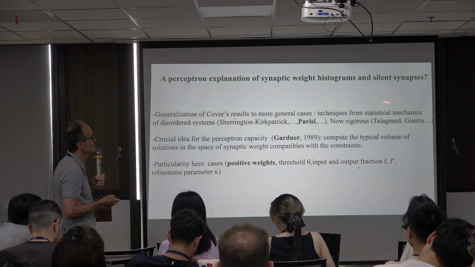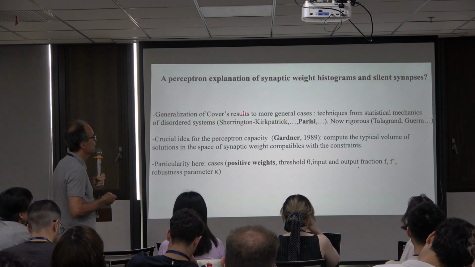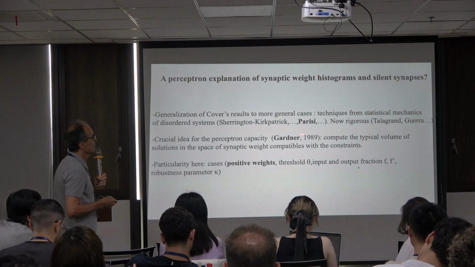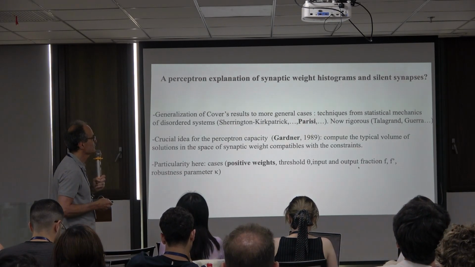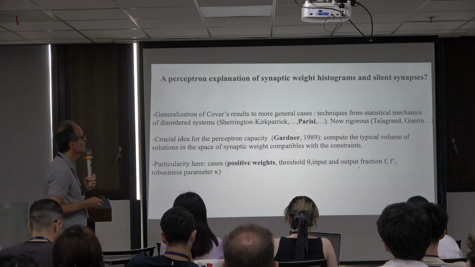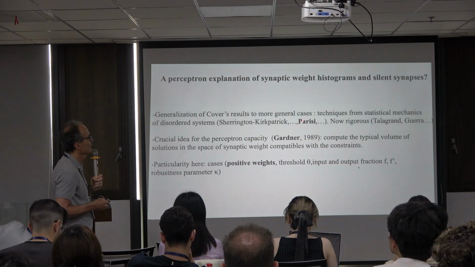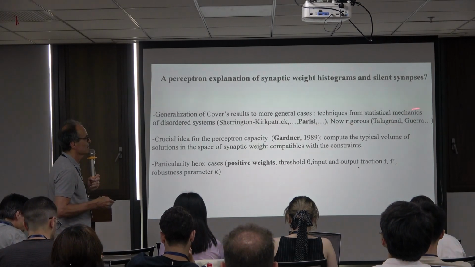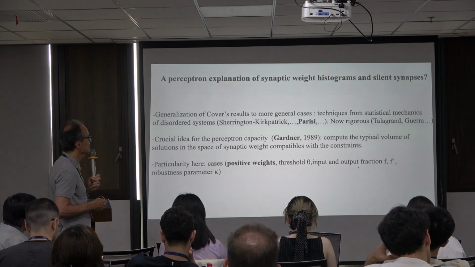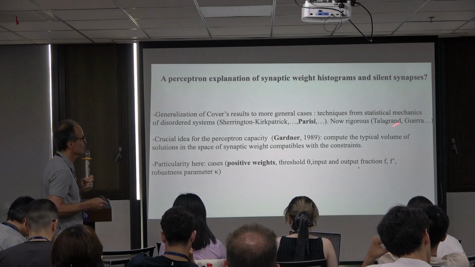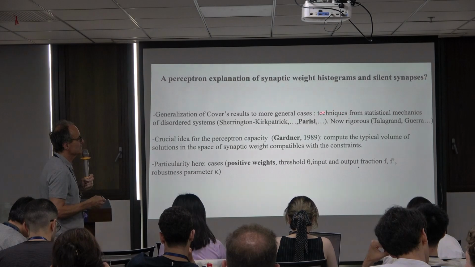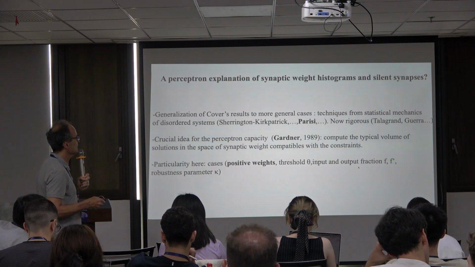You have to use techniques from statistical mechanics that have been developed over the years, in particular by Giorgio Parisi, who got the Nobel Prize 2 years ago. They have now been made rigorous by many mathematicians, including Talagrand, who got the Abel Prize this year. So there is a whole body of work on this.